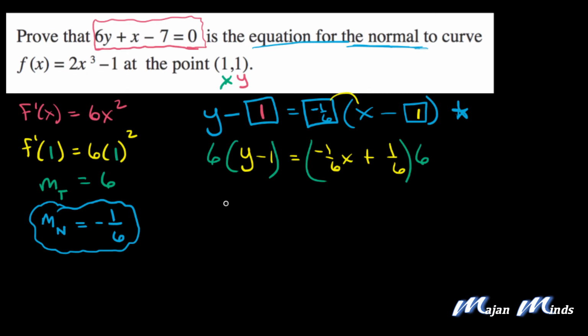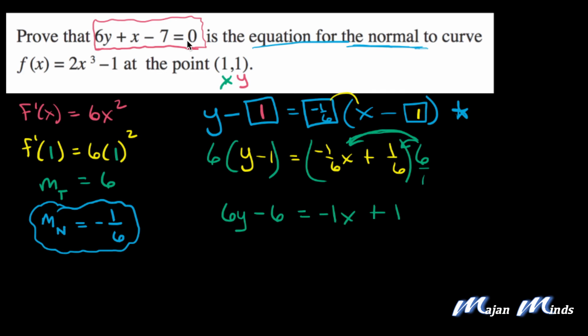So on this side, it will give me 6y minus 6 is going to equal, now on this side, that 6 is going to cancel with that 6, leaving me with a plus 1 at the end. And this 6, remember it's over 1 here, is going to cancel with that 6, leaving me with minus 1x. Well, then let's try to see if we can make this come out.